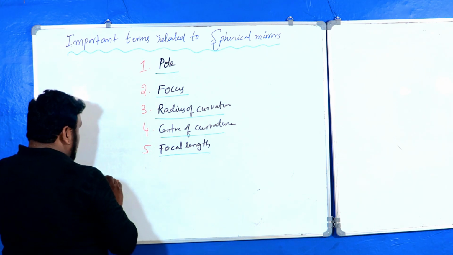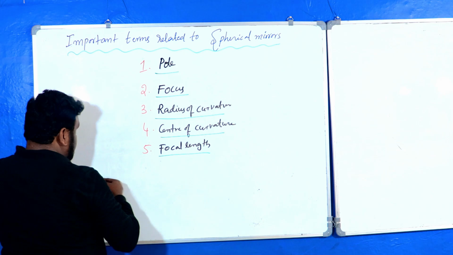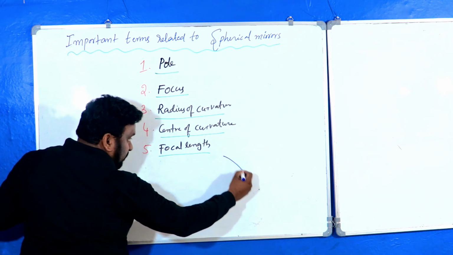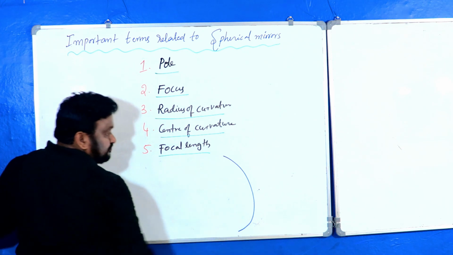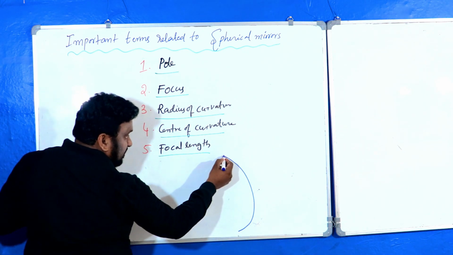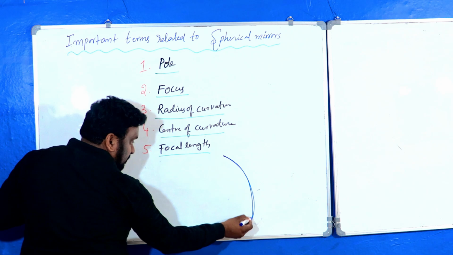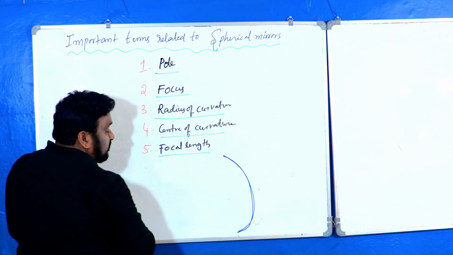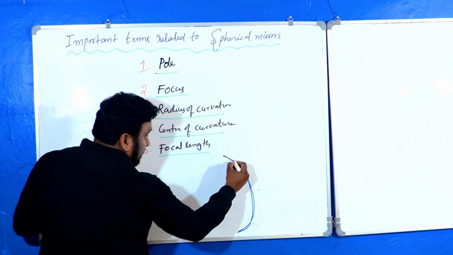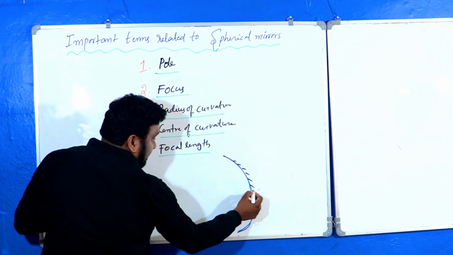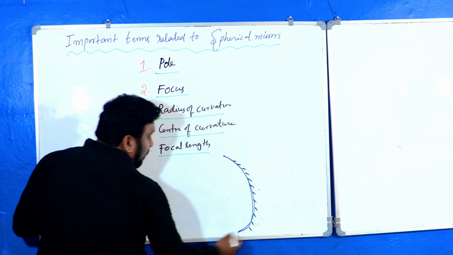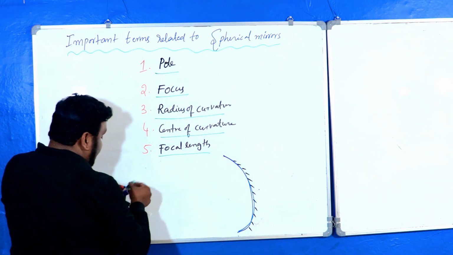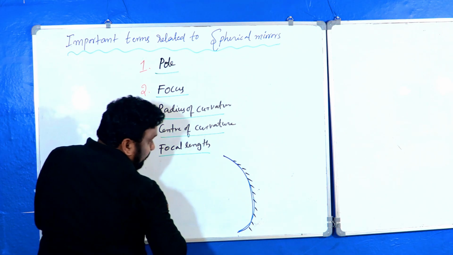Clear, children? So now the first thing is, if you take a concave mirror, just now we discussed that for a concave mirror the reflecting surface is inward and the non-reflecting surface is outward.